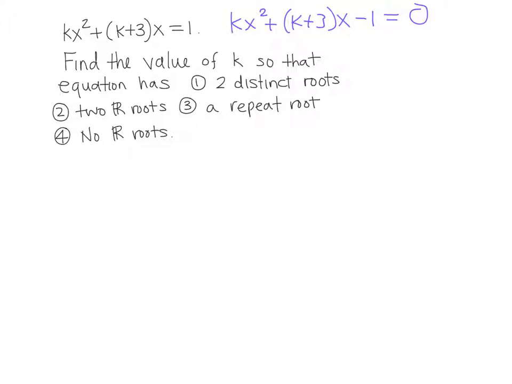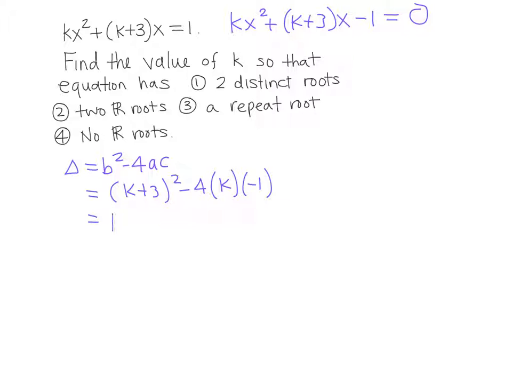Since we will be talking about the nature of the roots, we need a discriminant. Discriminant is equal to b squared minus 4ac. In our case, our b is k plus 3, squared, minus 4 times a, which is k, times c, which in our case is negative 1. So let's simplify this a little bit.